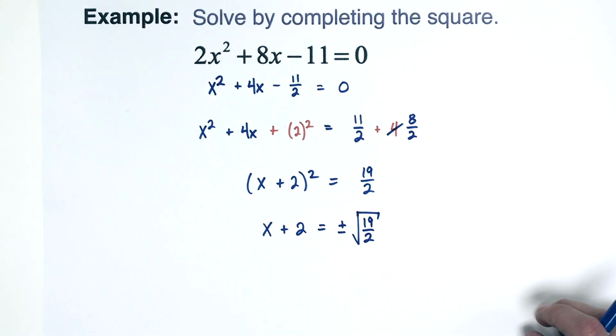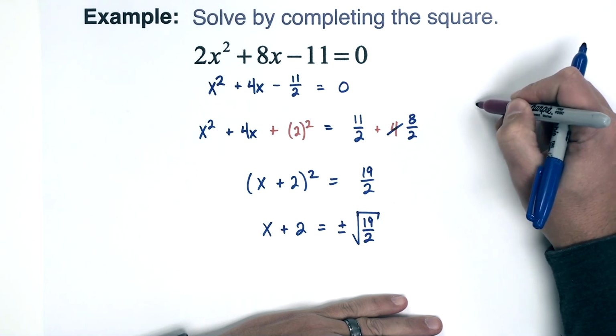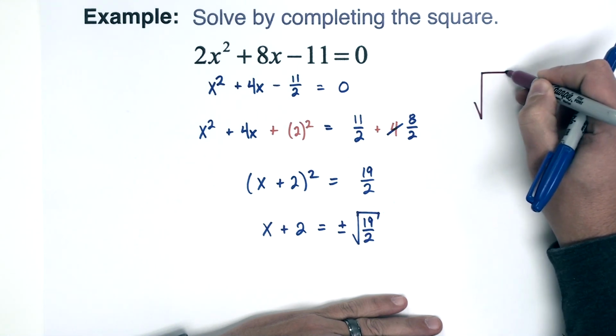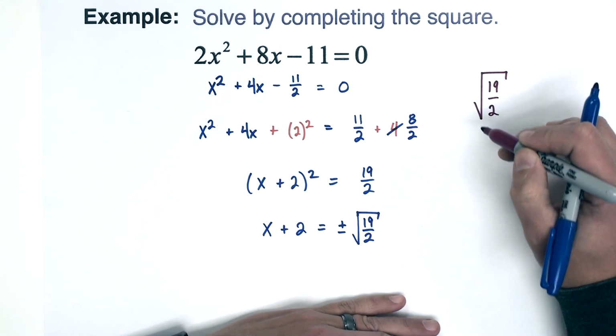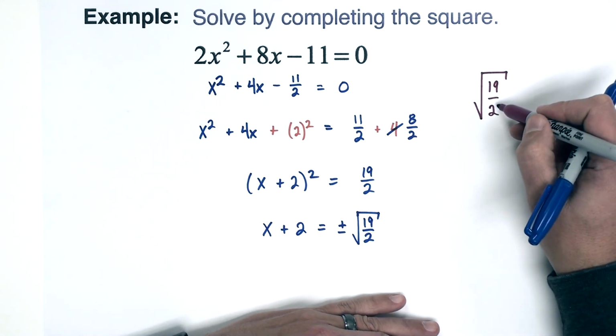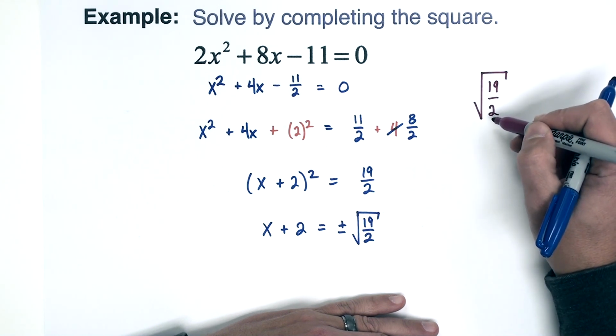Now, we have a problem here, and our problem is that this fraction, so let's do some scratch work up here. I have the square root of 19 over 2, and unlike the last two examples where the denominator was a perfect square, this is not a perfect square.